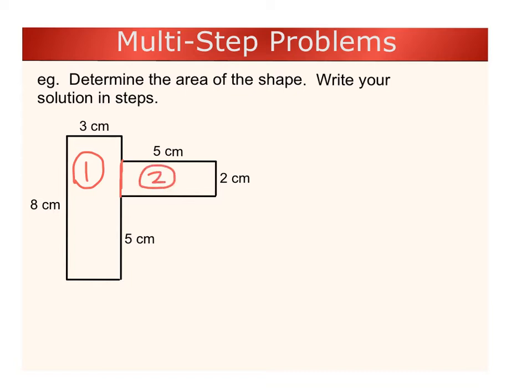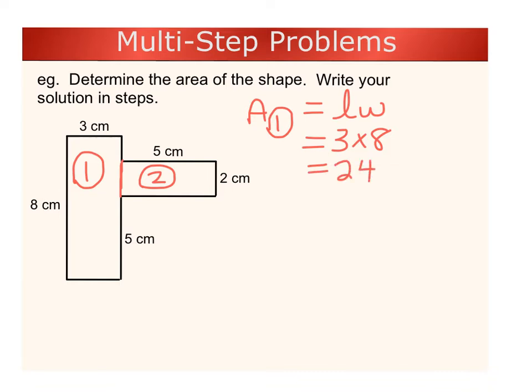In my solution, I'm going to show that I'm finding the area of shape 1, and we do that with this little A, and then we put a little 1 beside it. It's a rectangle, and my formula for that is length times width. My length and width of shape 1 is 3 times 8, and that's equal to 24.